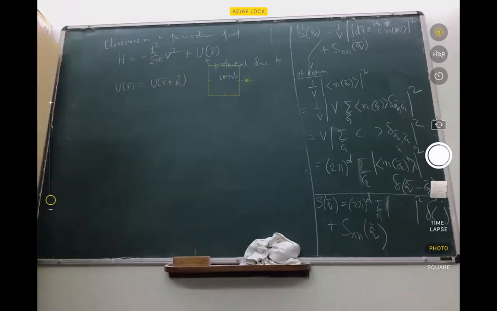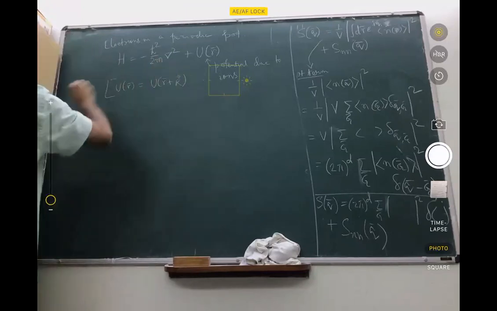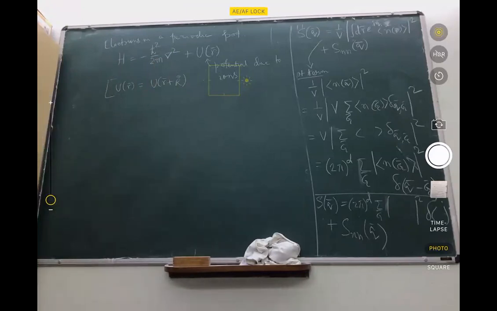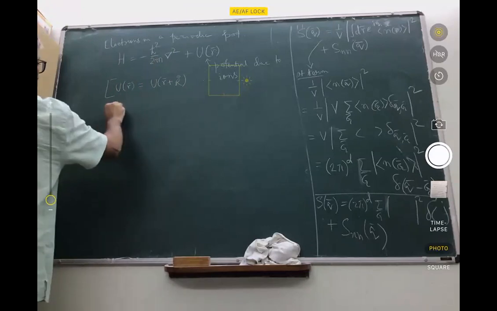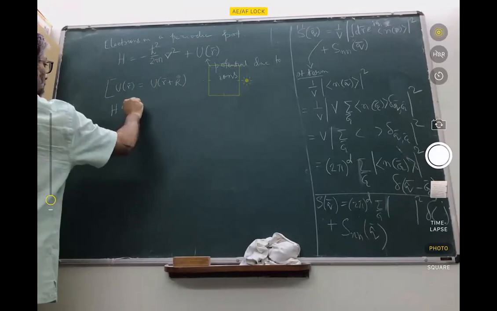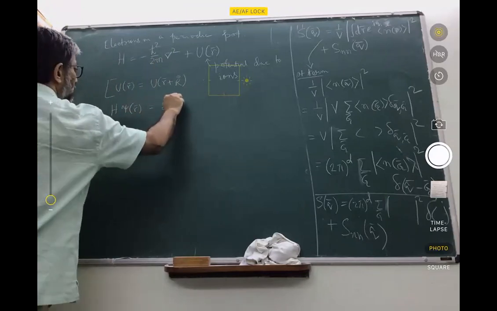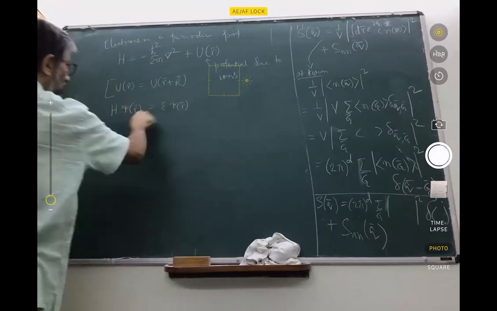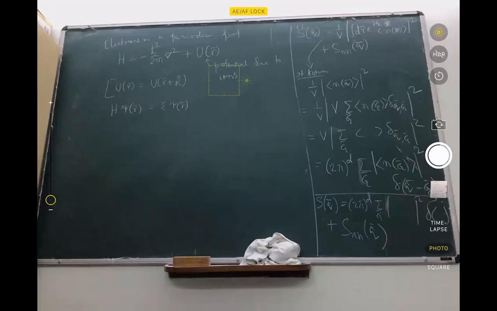That's the only qualification about U of R at this point. These are my electronic wave functions, and this is the Schrodinger equation that they satisfy.